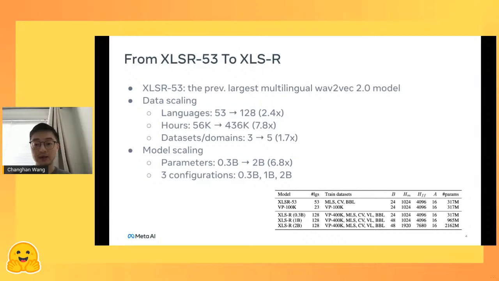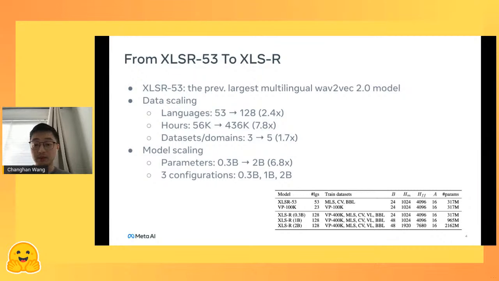And we scaled the amount of data by almost 8 times, reaching 436,000 hours. And we used data from 5 different datasets and domains compared to 3 datasets in the XLSR 53 model training. We scaled the model size by almost 7 times, reaching around 2 billion model parameters. We'll see later in the downstream task evaluation that these scaling efforts result in huge performance improvements.